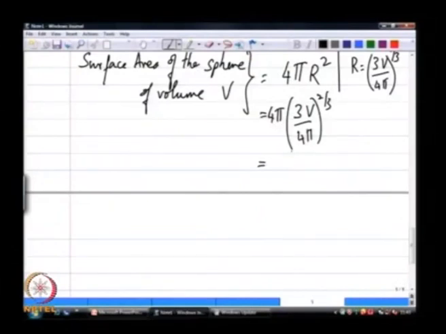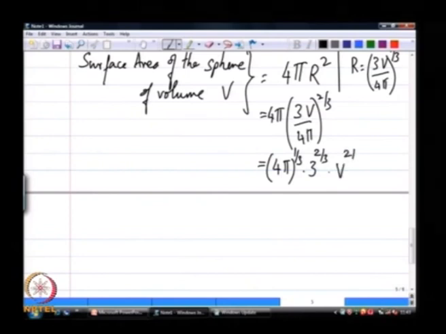Which, if I simplify, becomes 4 pi raised to the power 1/3 times 3 raised to the power 2/3 times V raised to the power 2/3. That is the surface area of the sphere of the same volume V.